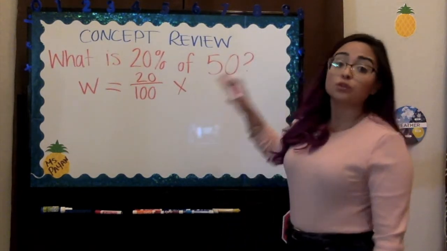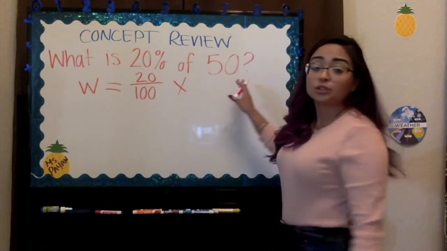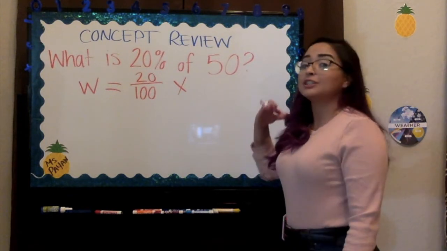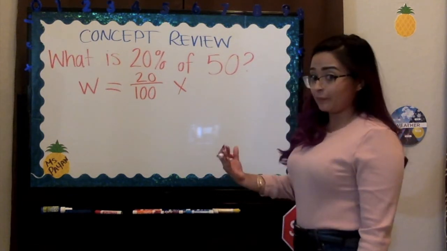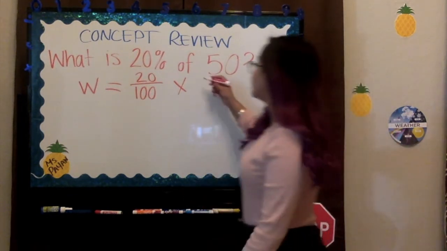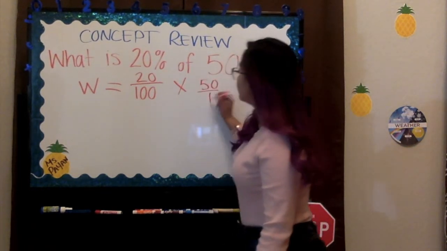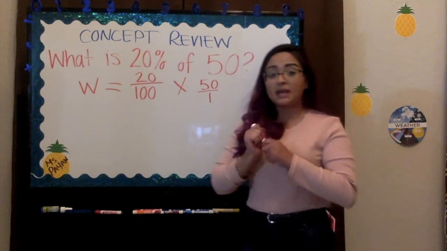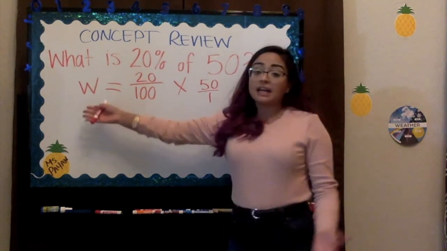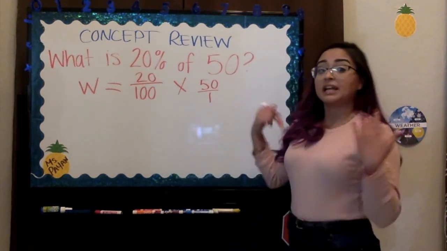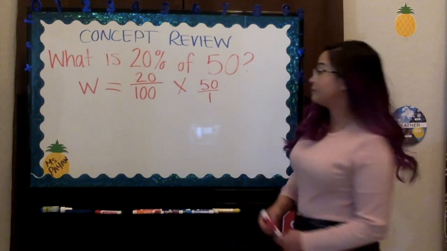And to be able to do the math, we need to make 50 into a fraction as well. How do we do that? Putting it as 50 over 1. Okay? Now, this looks like an equation, right? And let's get to working with it.